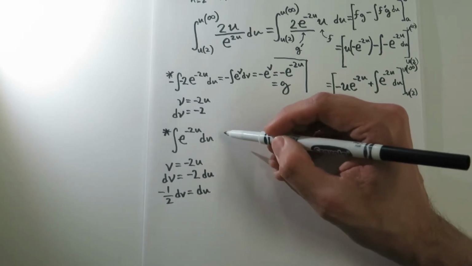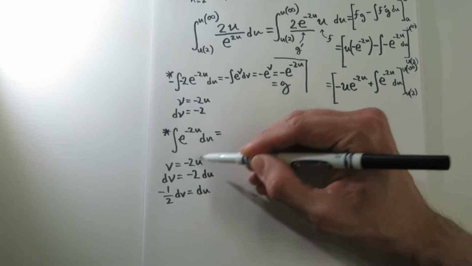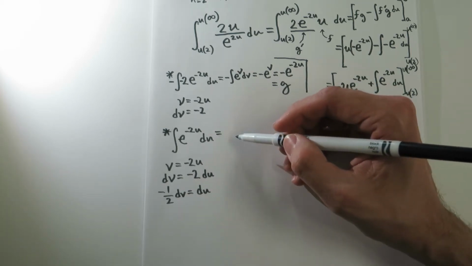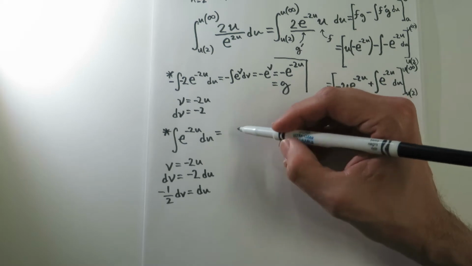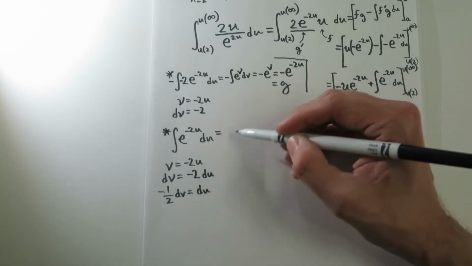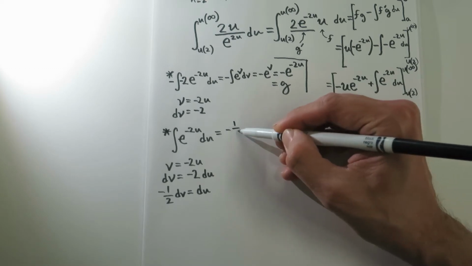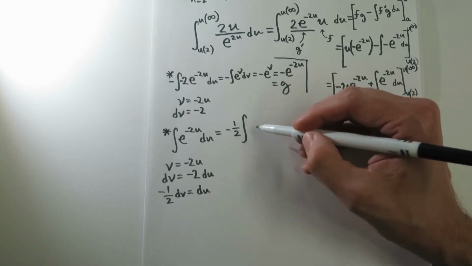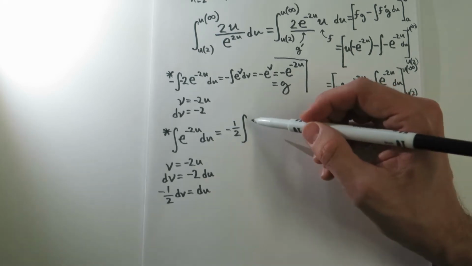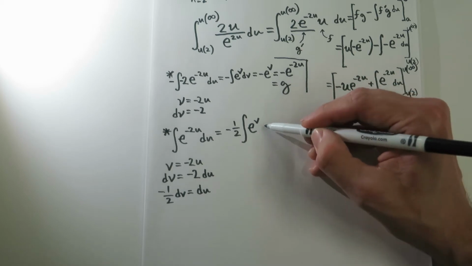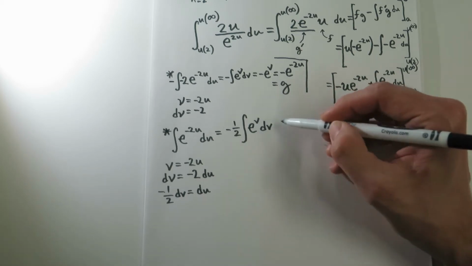So we're going to say that this equals, we did our v substitution, negative 1/2. I'm just going to pull the negative 1/2 out front of our integral. It's an indefinite integral. And now we have e to the v dv. We know how to evaluate this.